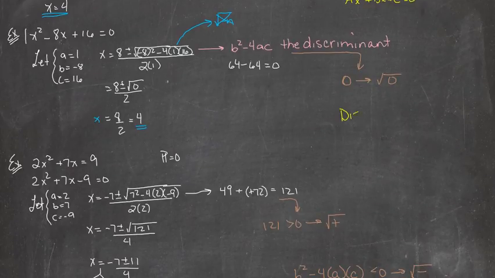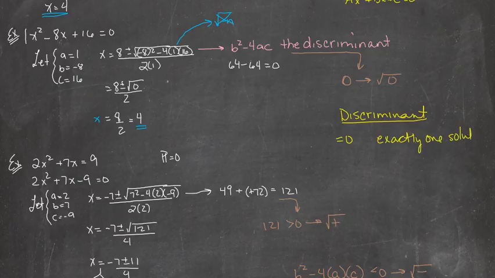For the discriminant, if you calculate it, if the discriminant equals 0, there's exactly one solution. If the discriminant is less than 0, meaning a negative number, that leads to the square root of a negative number.